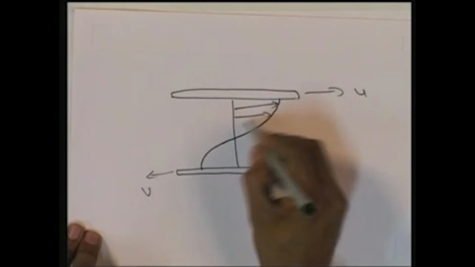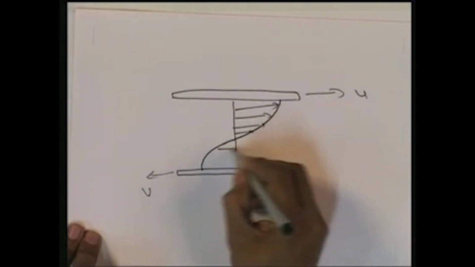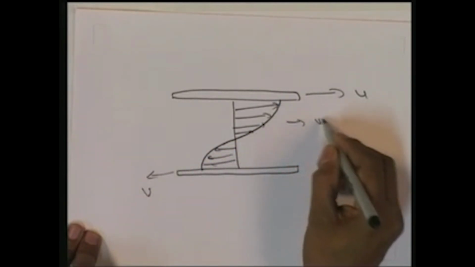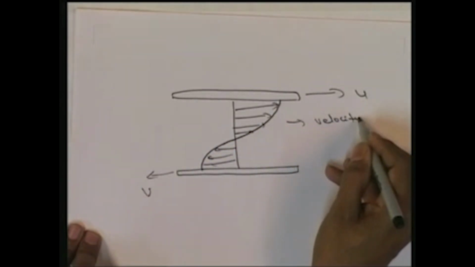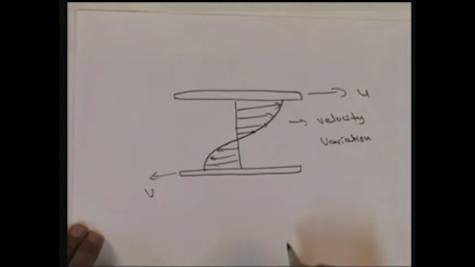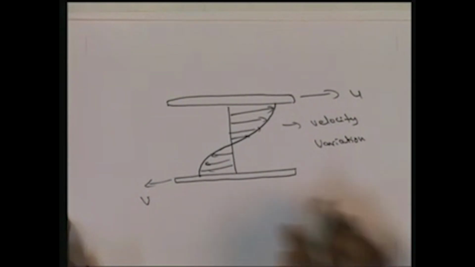So, this is the velocity variation, and the other direction like this. So, this gives the velocity variation for this particular case whenever two plates are moving in the opposite direction.